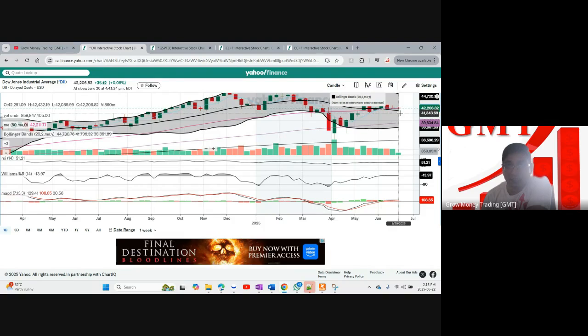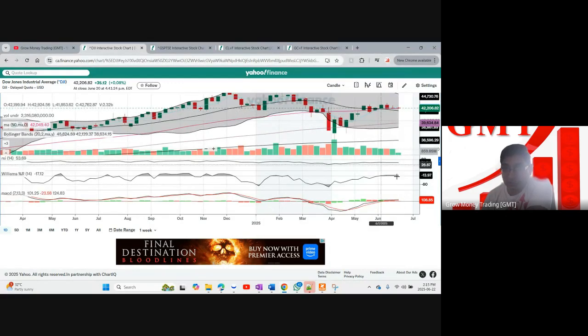And if that breaks, the next support to look for would be at 41,241, which is this level where we have to watch whether this support holds.